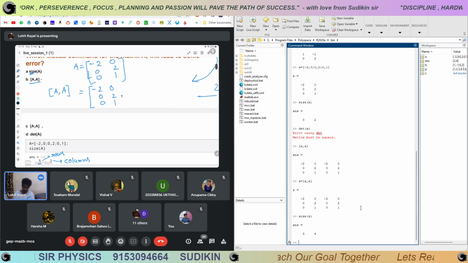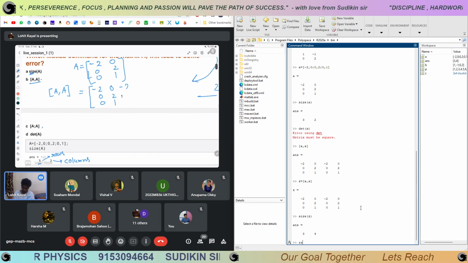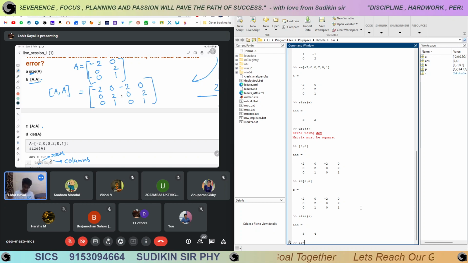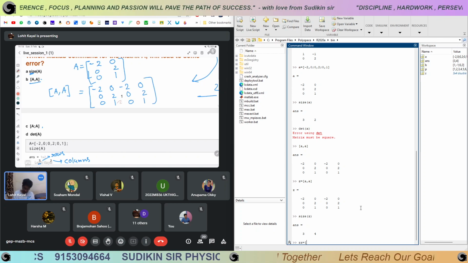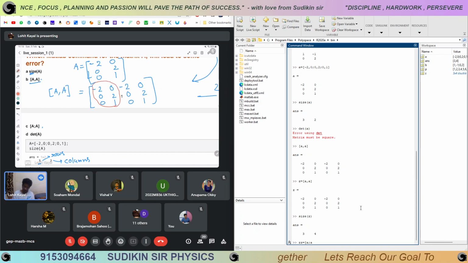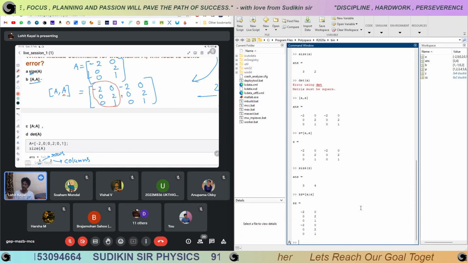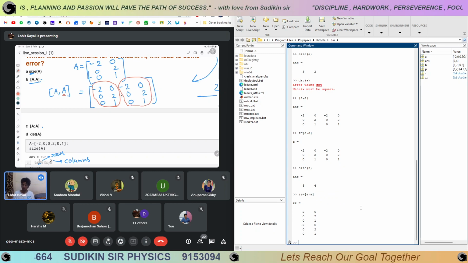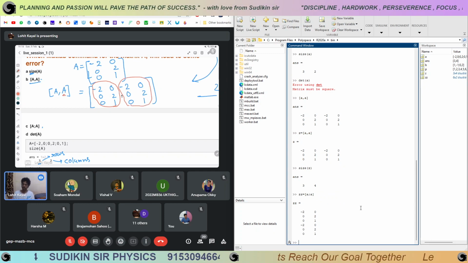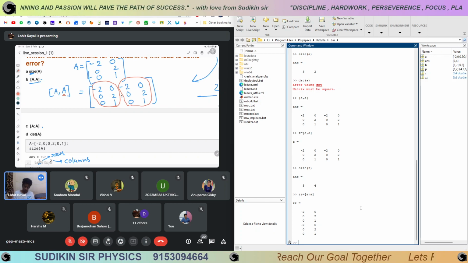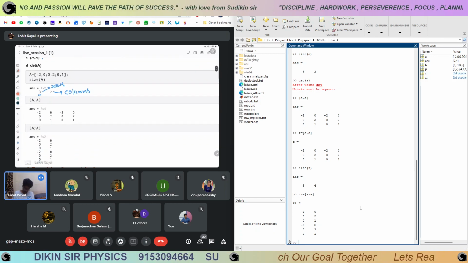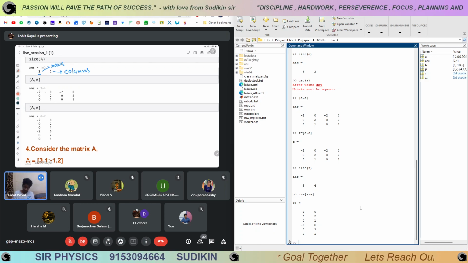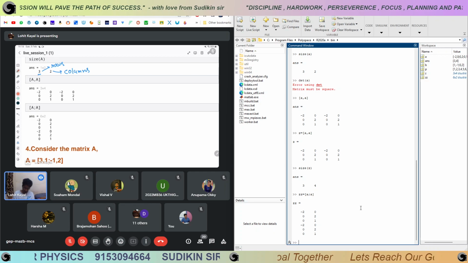It will be again minus 2, 0, 0, 2, 0, 1. Treat this as a whole element, and the new element, which is again matrix A, will appear on the next column. This is called the concatenation process. If you just try it in MATLAB, I have already shown here: this is A comma A, and you will get this result: minus 2, 0, 0, 2, 0, 1.